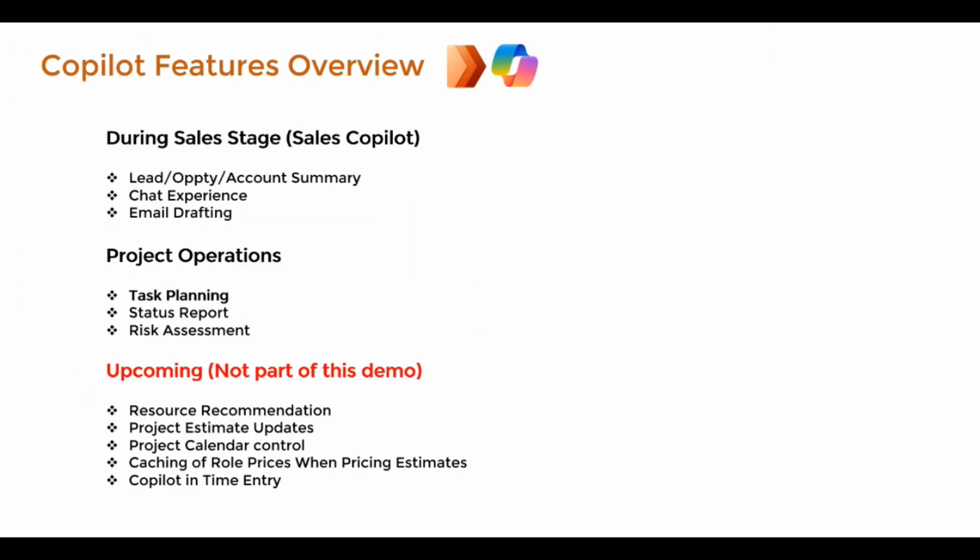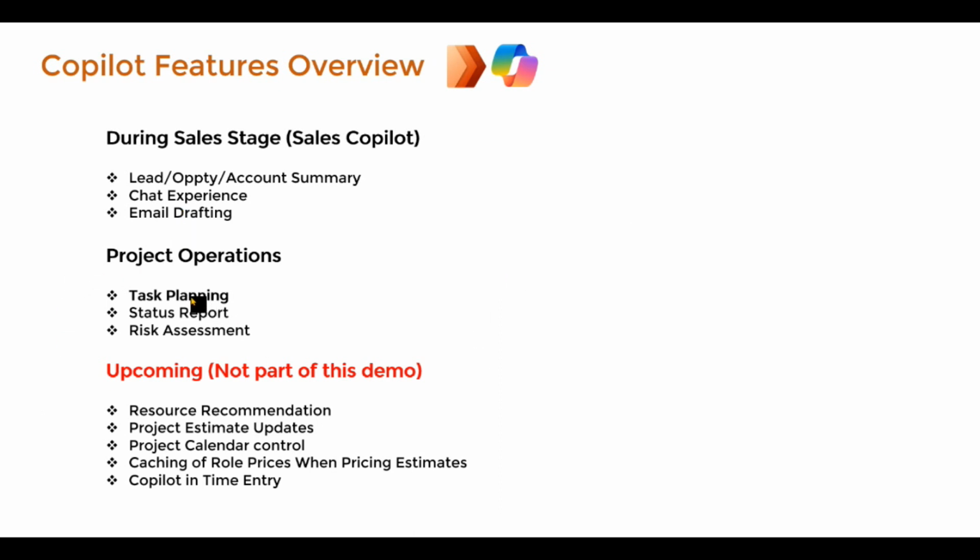Along with that, we will also learn about the Copilot features Dynamics 365 PO offers. As you already know, during the sales stage, Sales Copilot comes into play, where you will get account summary, email drafting, and a chat experience with the Copilot to understand the opportunity and lead.